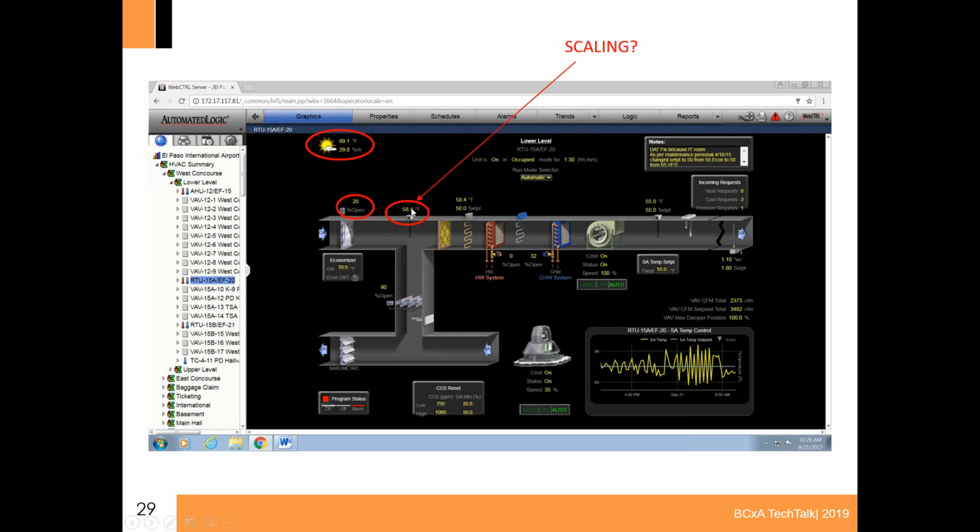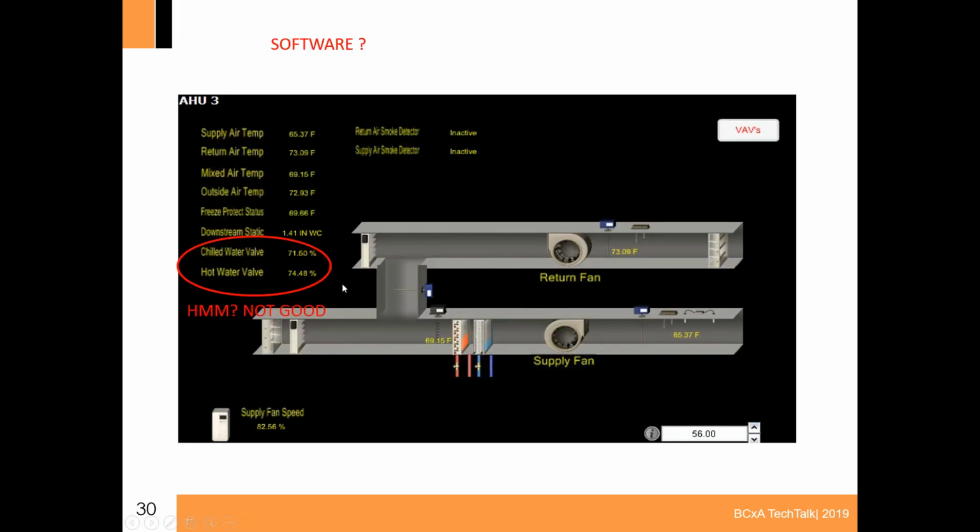So this is a mixed air example. So we have outside air coming in. It's 89 degrees outside. Return air has got to be around 70, 75 degrees. Yet somehow the mixed air is 58 degrees. How is that possible? How do you mix 89 degree air with 70 or 75 degree return air and get 58 degrees?